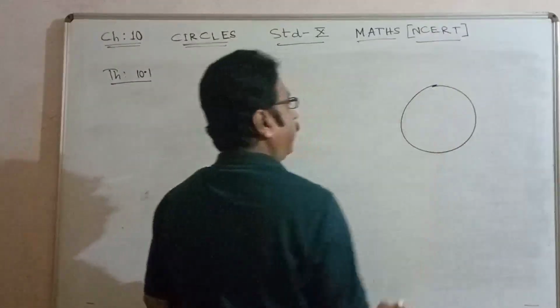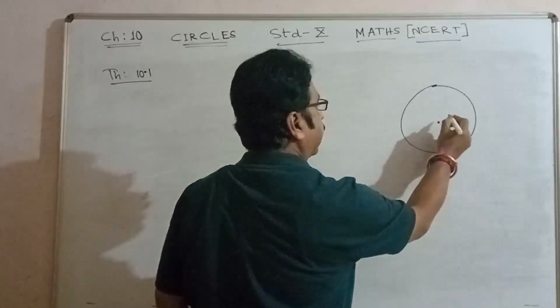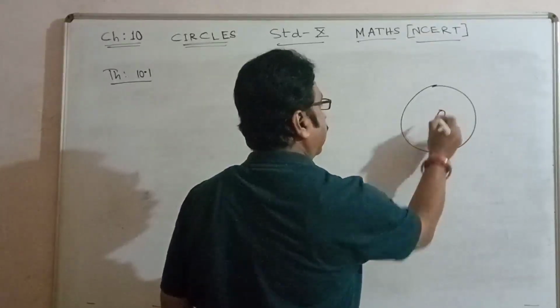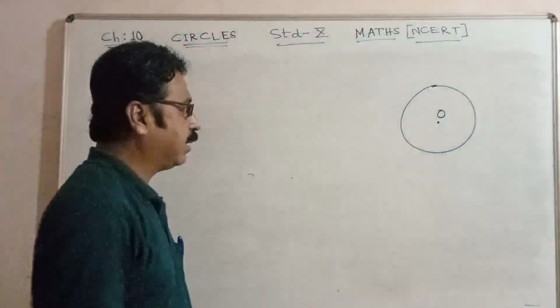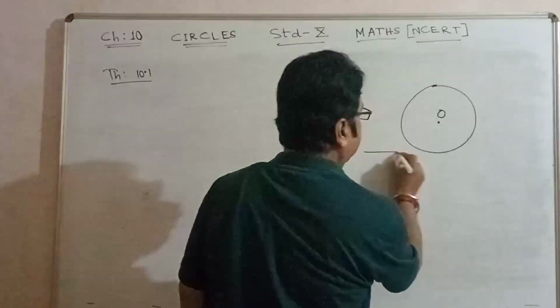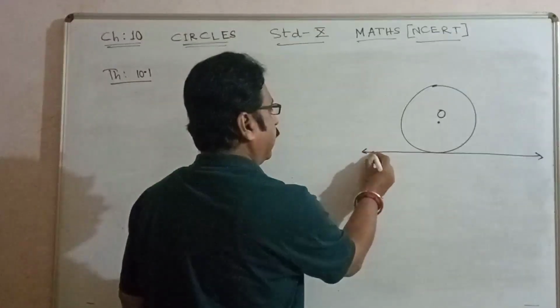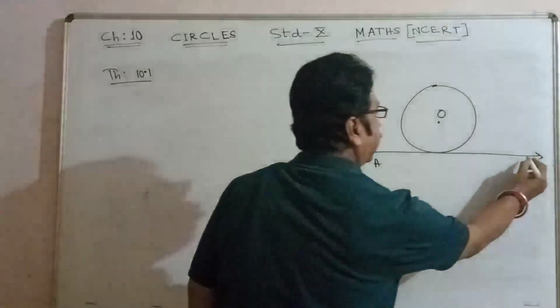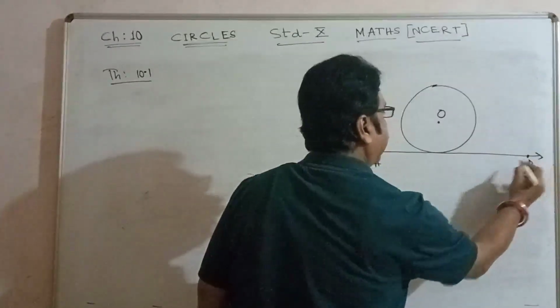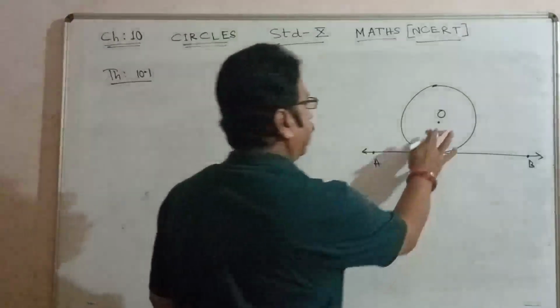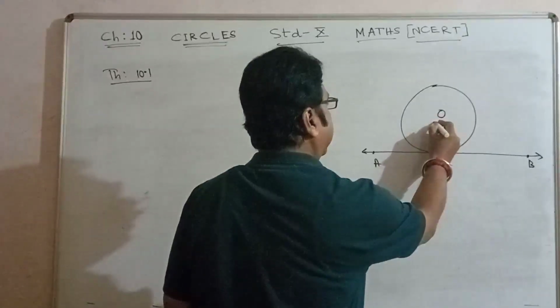It is a circle. Suppose the point O is the center of the circle. A tangent is drawn. Suppose AB is the tangent to this circle and P is the point of contact.